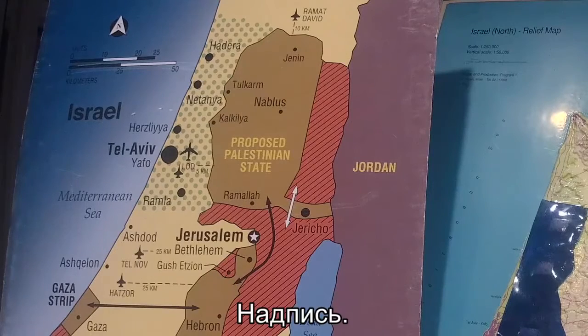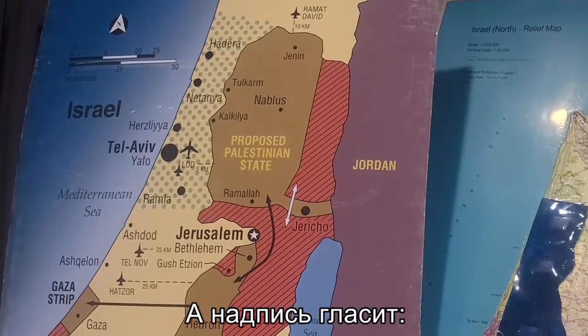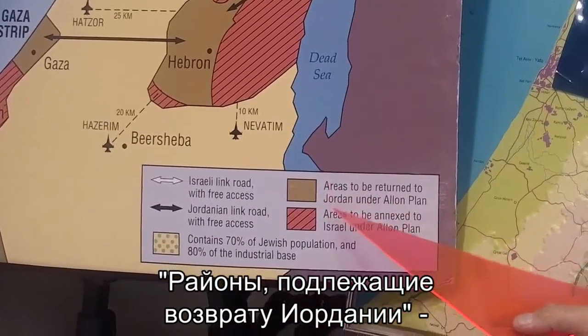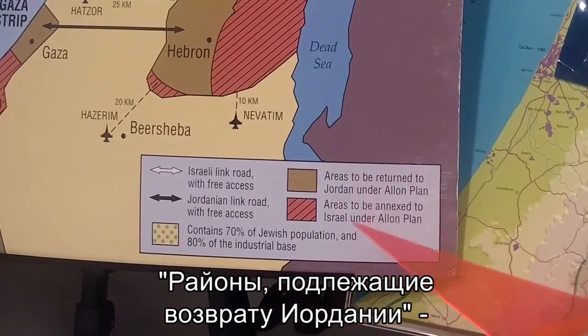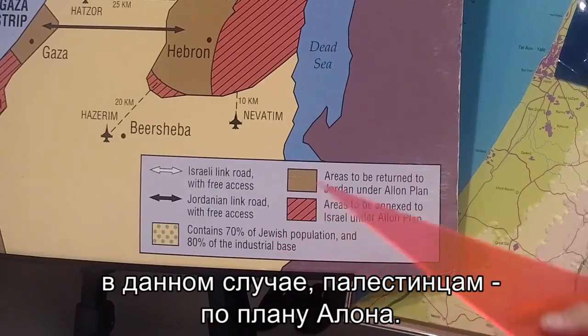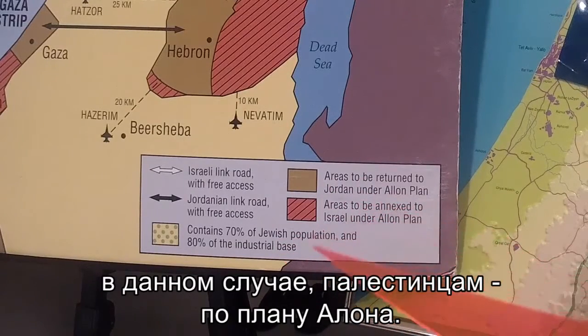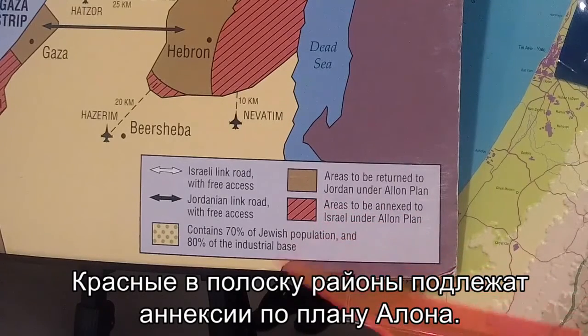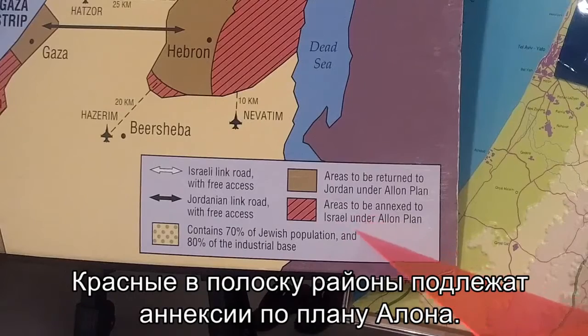And what the caption said is areas to be returned to Jordan, or in this case the Palestinians, under the Allon Plan. And the red striped areas are areas to be annexed to Israel under the Allon Plan.